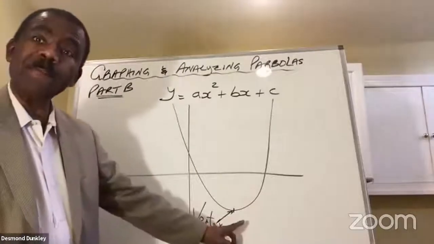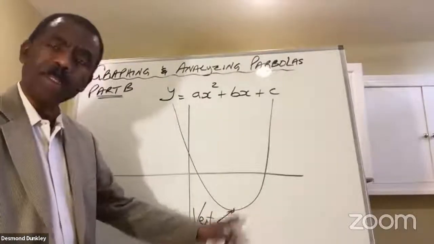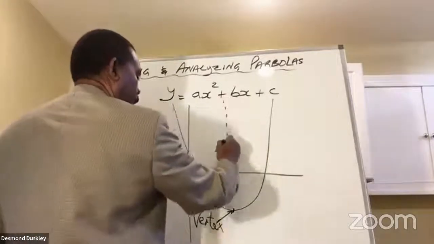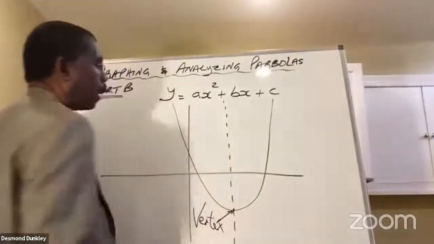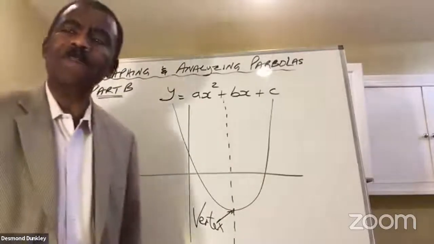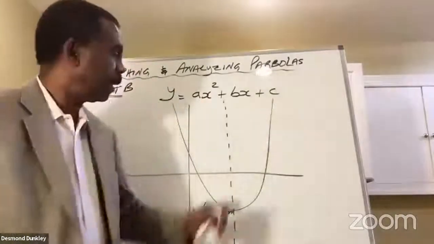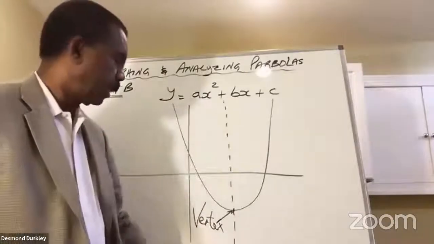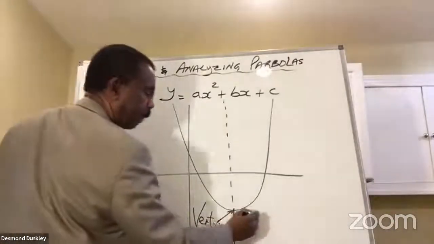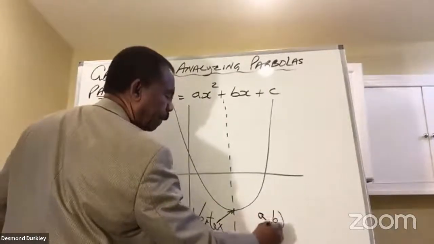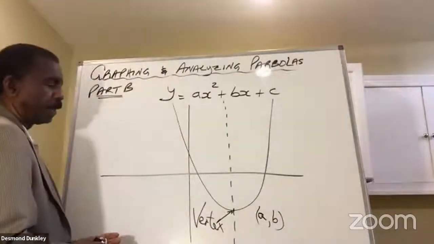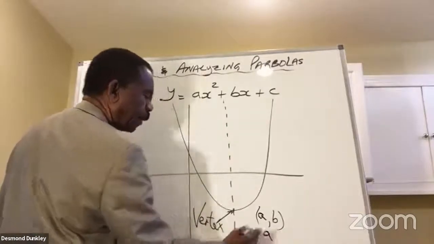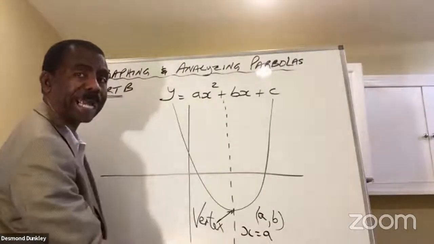At the vertex, the x value happens to be the middle of your parabola. It's symmetrical about the x value here. It's very symmetrical. So if your vertex was, say, the point (A, B), then x equal to A would be the equation of the axis of symmetry.